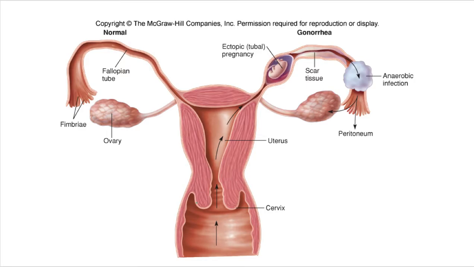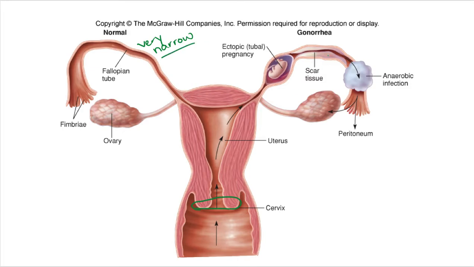So again, the cervix will be the location for most infections. If the infection reaches the uterus, that's not a good thing, but even worse are the fallopian tubes. They are very, very narrow. So even a little bit of inflammation or scarring can have some serious effects.